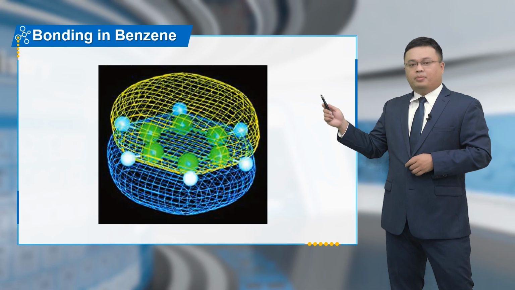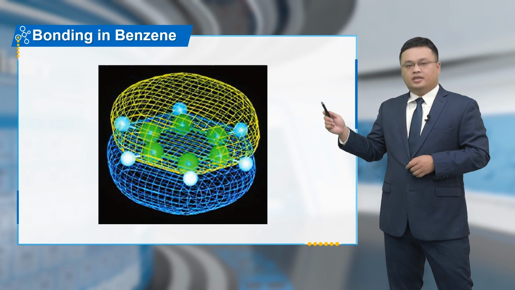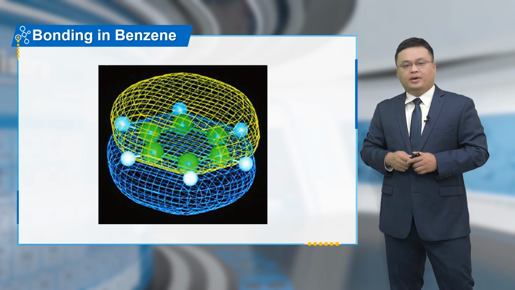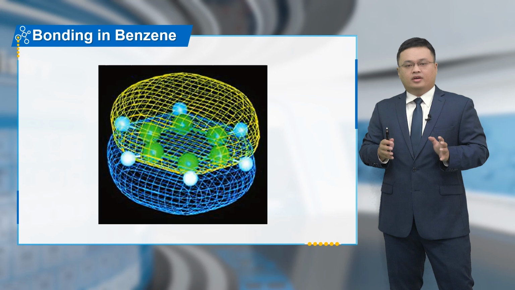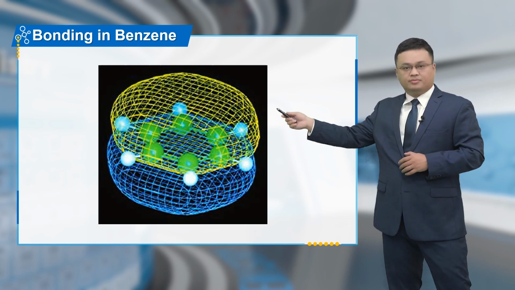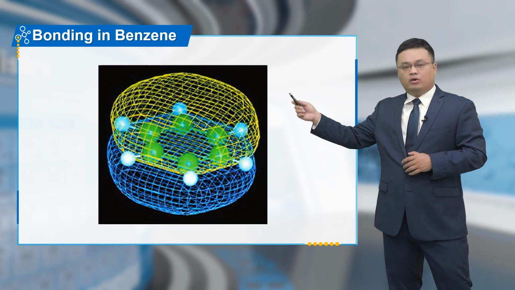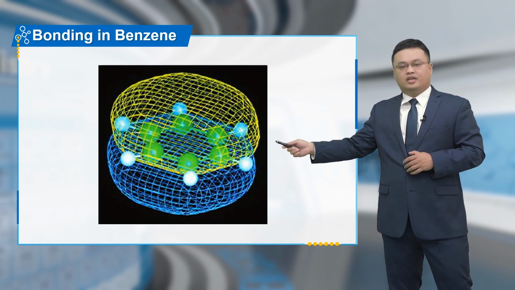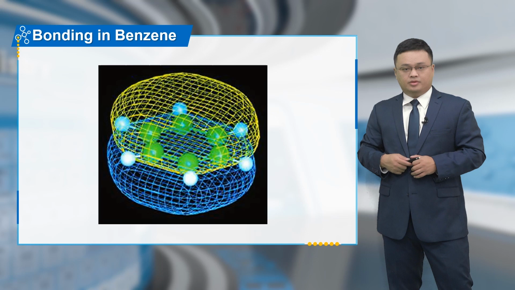The 3 bonding pi molecular orbitals in benzene describe the distribution of pi electron charge in the molecule. We can think of this in terms of 2 donut-shaped regions, one above and one below the plane of the carbon and hydrogen atoms.